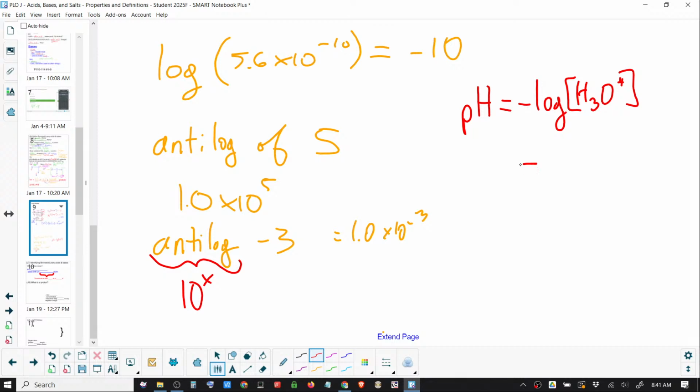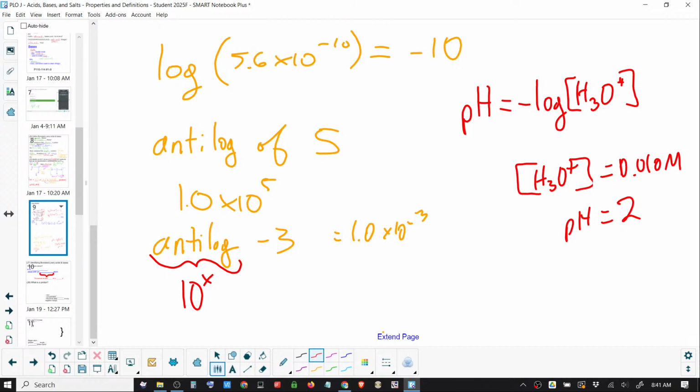So if the concentration of H3O+ is equal to 0.010 molar, what is the pH of that solution? 2.